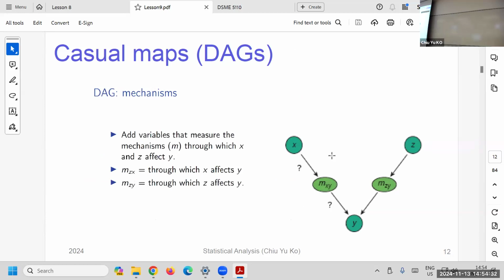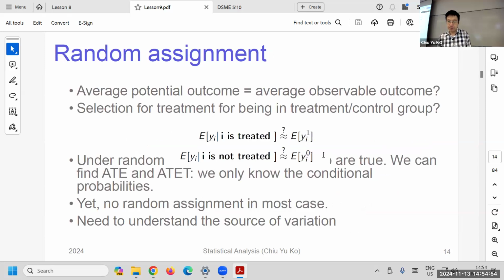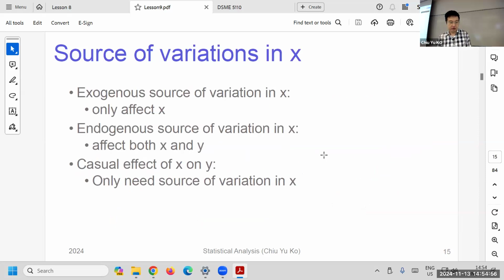And education actually improves your skills, your productivity. You study and you know how to do regression, you know how to do random forest, and then you get high income, right? So that is the mechanism, and that would be the thing we want to do. And I think we have the same thing here.